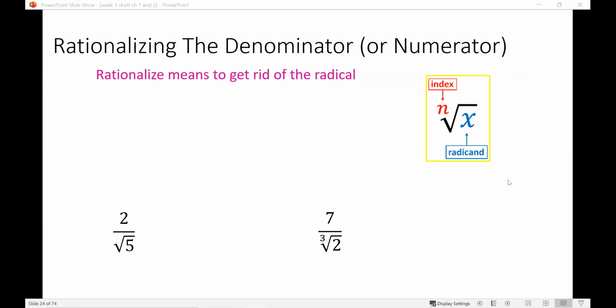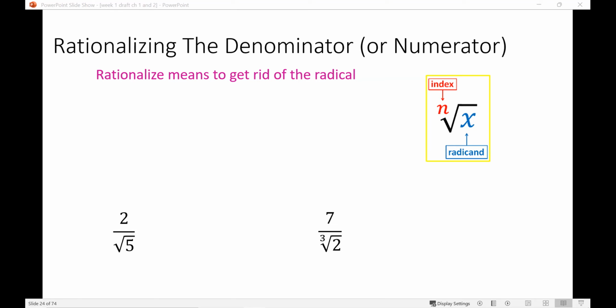All right, the next topic covered in this section is going to be rationalizing the denominator, usually, or the numerator of a fraction. So to rationalize means to get rid of the radical. So basically get rid of the root, and we can only do it in one piece or the other of our fraction without actually changing the value of our fraction.